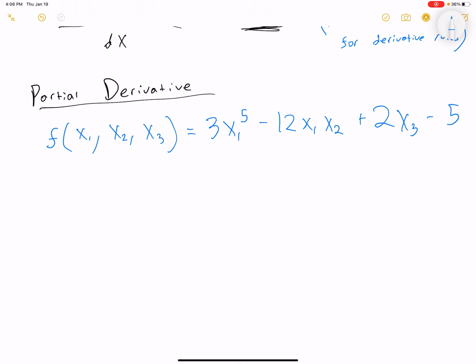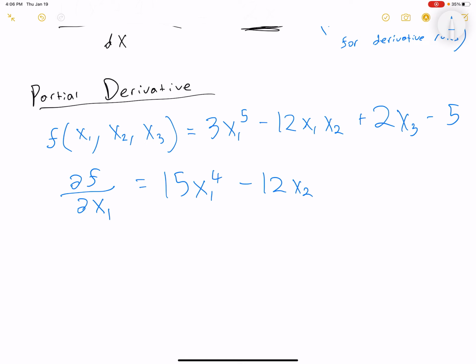There are derivative rules that would tell us that the partial derivative, and it looks kind of like a d but slanted, partial derivative of that function with respect to x1 would be 15 x1 to the 4th minus 12 x2. Basically, you treat all the other variables as constants. So x1 is not a constant. Everything else is constant. Derivative of a constant is 0.